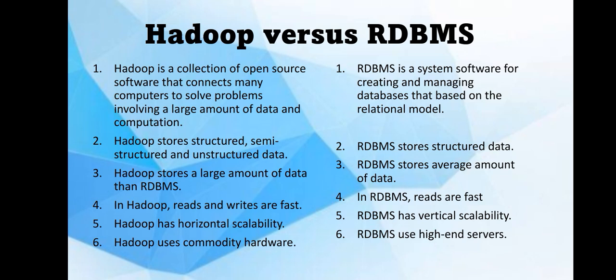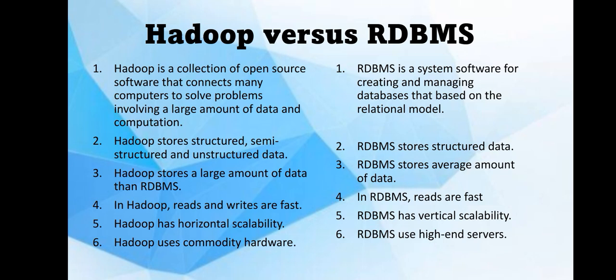Hadoop versus RDBMS. Number one, Hadoop is a cluster of open source software that connects many computers to solve problems involving a large amount of data and computation. RDBMS is a system for creating and managing databases based on the relational model.